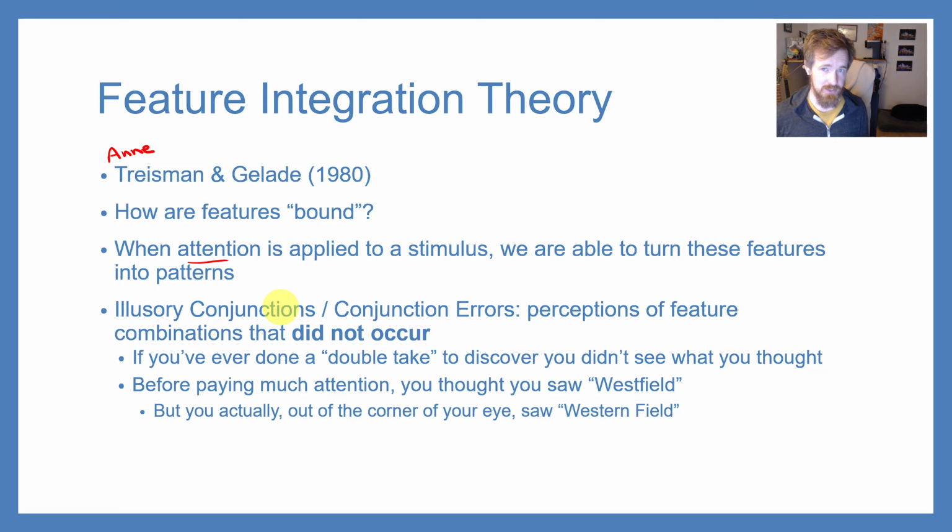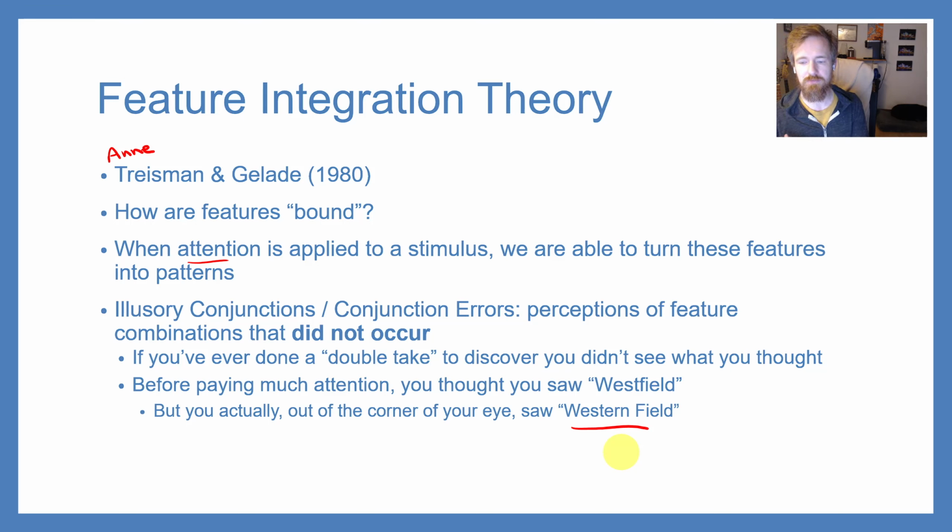I experience it a lot whenever I'm reading. So if I'm reading and I see out of the corner of my eye the words Western Fields, I get all excited because I'm like, oh, it says Westfield. And then whenever I turn my attention to it, I realize it's not Westfield, it's Western Field.